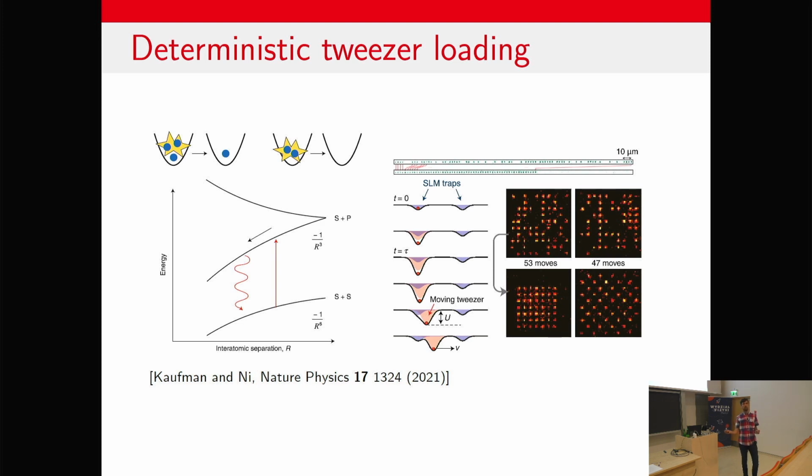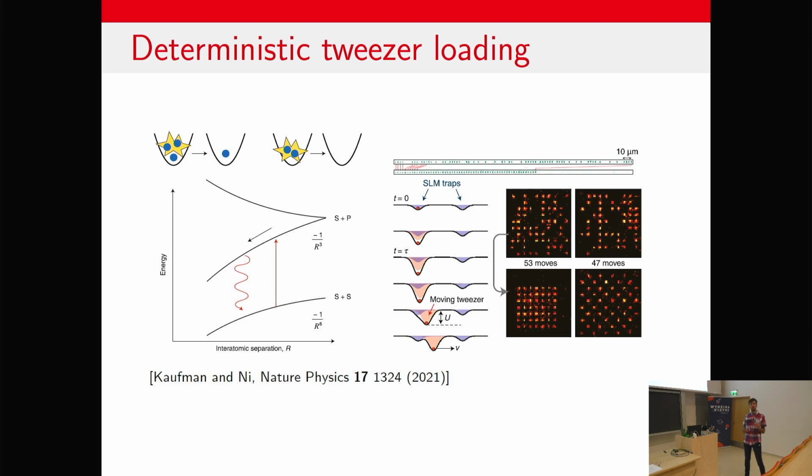So you can know that there is a molecule, but then the question is, how do I know that there's only one and not two or three? This is done by operating in what is called a collisionally blockaded regime, where you have fast collisions in the tweezer, where the density of atoms or molecules is very high.